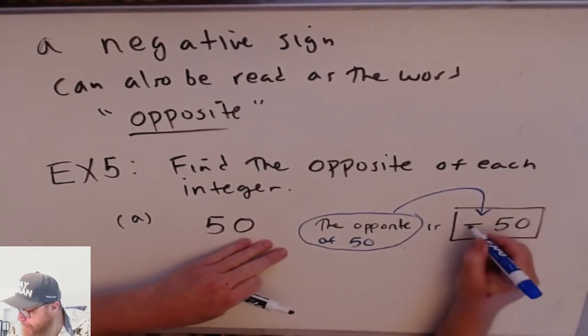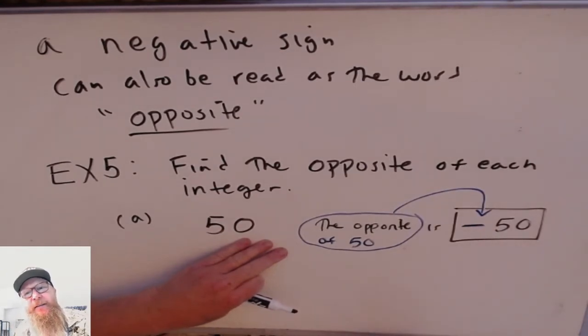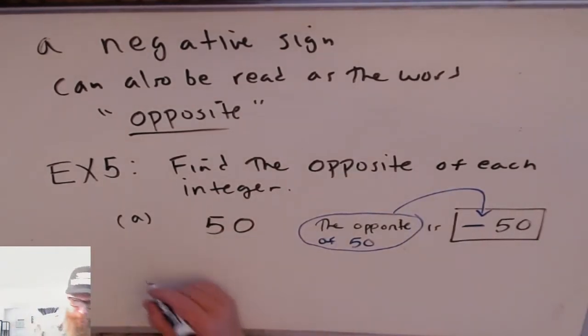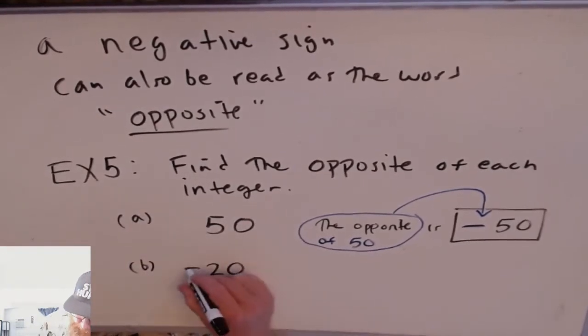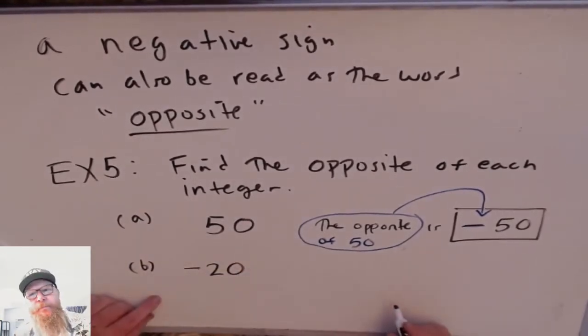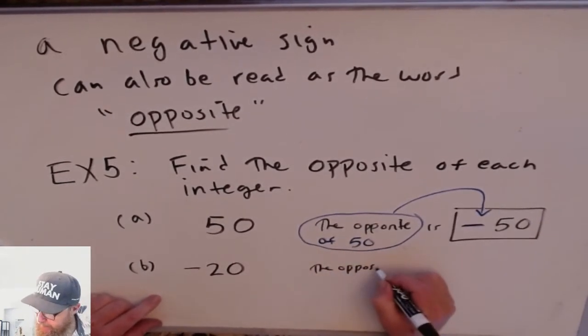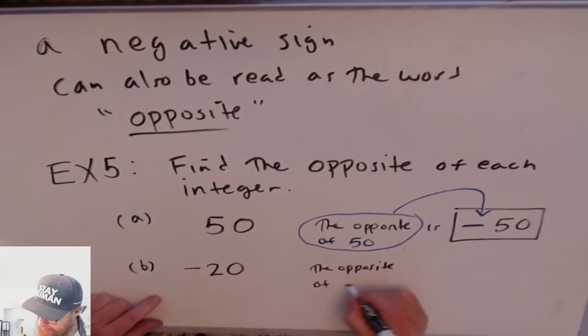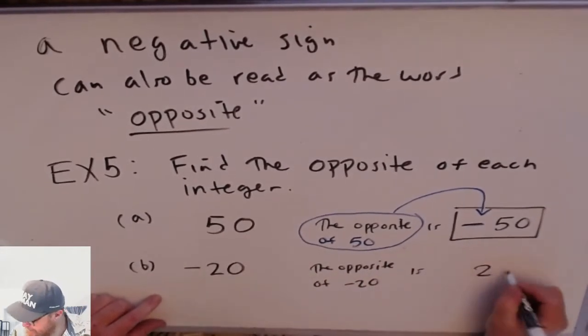So we literally read this as the opposite of 50. How about this one? The opposite of -20 is 20.